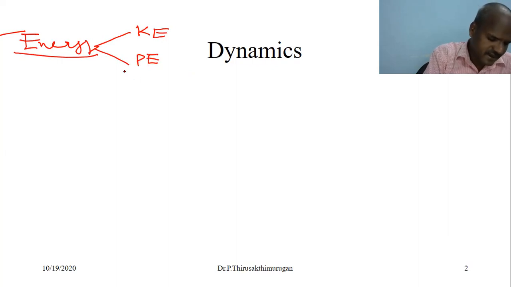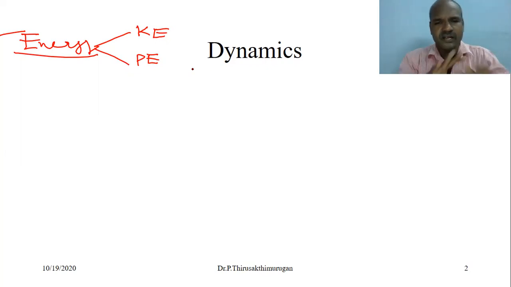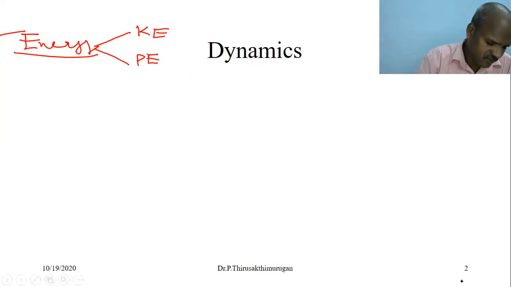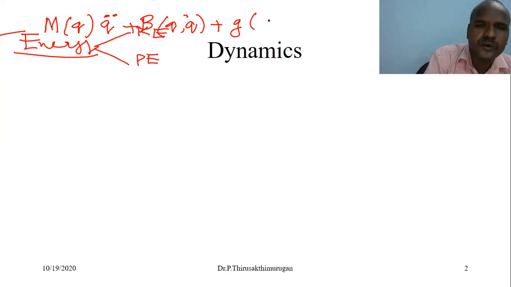The generalized dynamics consist of generalized dynamic coefficients. I will write: M of q, q double dot, plus B of q, q dot, plus G of q.